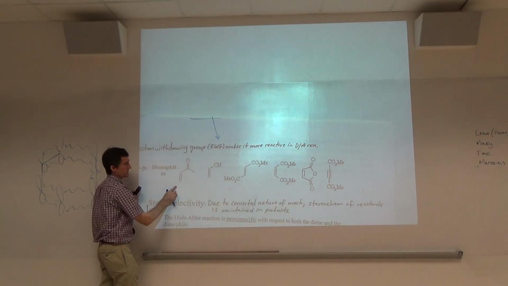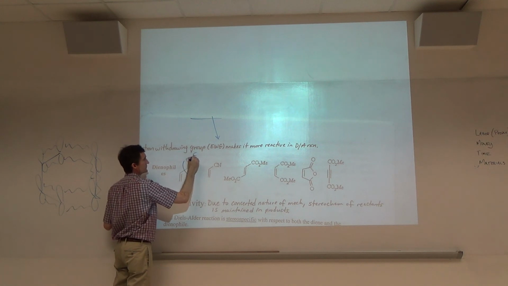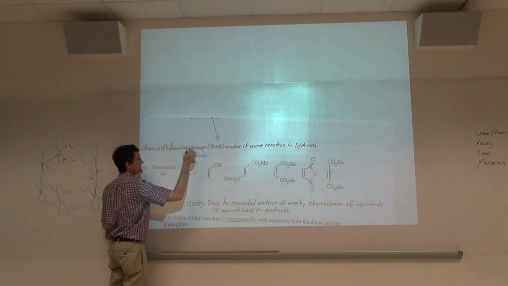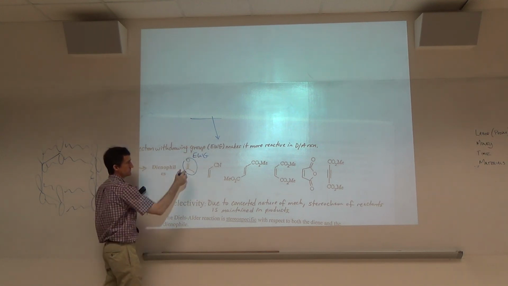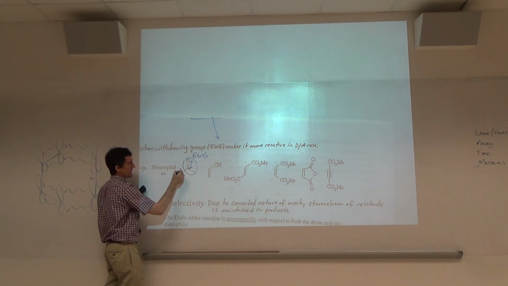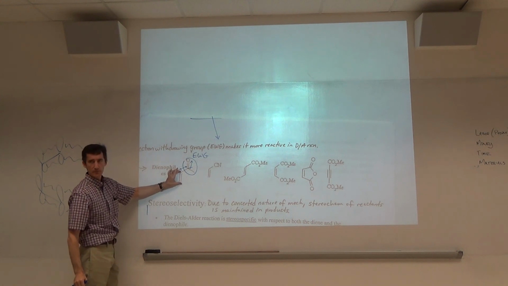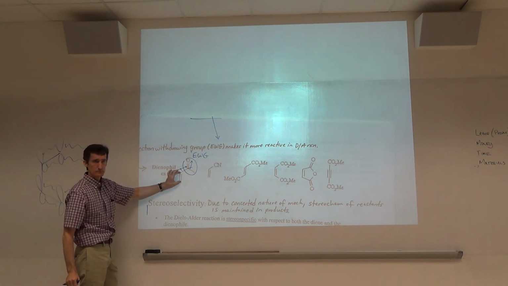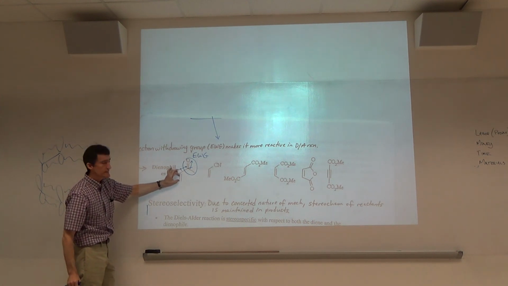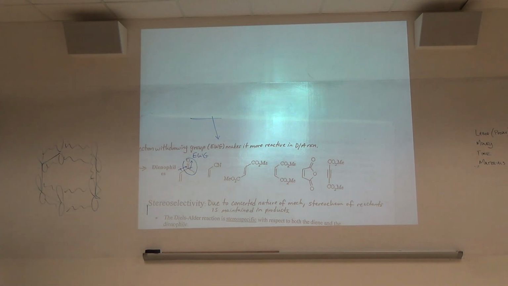Such as this. So this would be an electron withdrawing group. Obviously we got a dipole, and that makes a dipole here. That helps polarize the pi bond, the reacting pi bond.